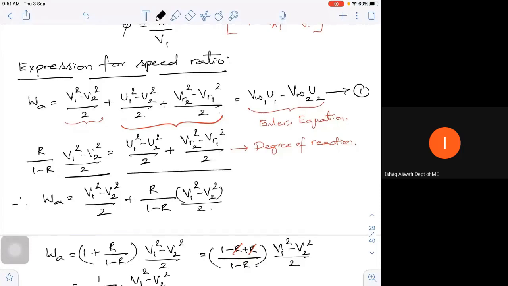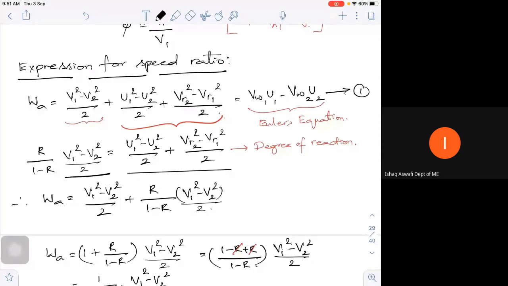I am trying to relate your static component and your kinetic energy component multiplied by the degree of reaction. Substituting for the quantity I wrote in the flower bracket, I replace your static component with the equivalent kinetic energy component and simplify it.